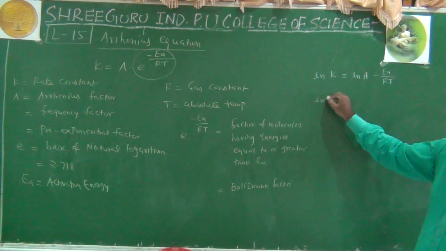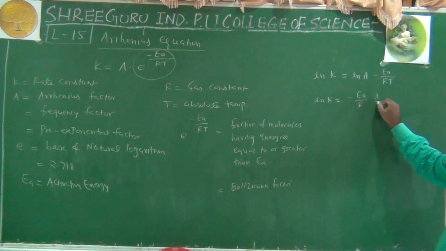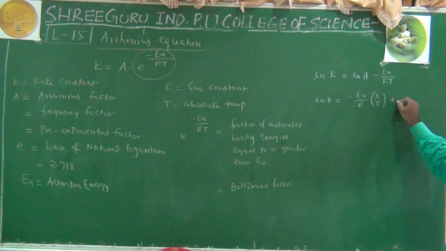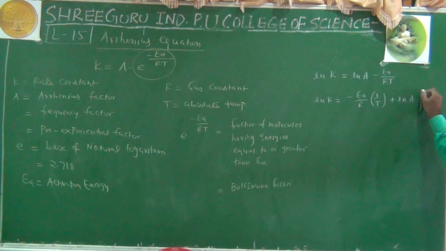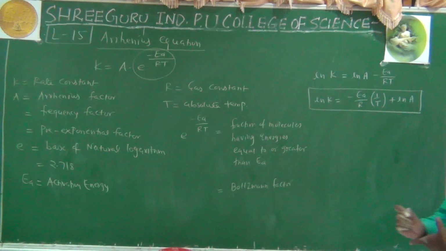We can rearrange this as ln k equals minus Ea by R times 1 by T plus natural log of A. So this is one more important form of the Arrhenius equation.